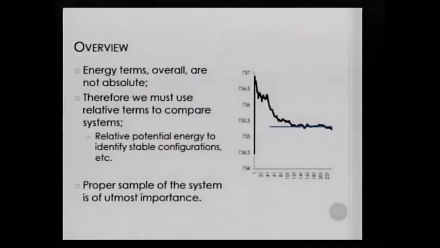And of course, as stressed once again, it's always important to properly sample your system, so you can avoid the initial steps of the simulation, where you can have more variability.